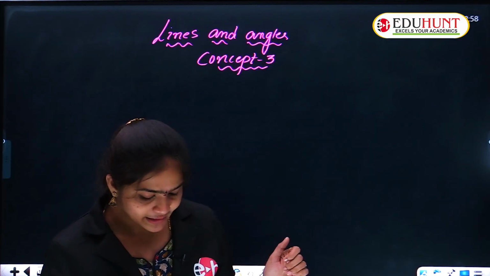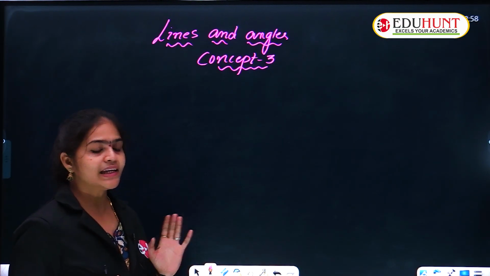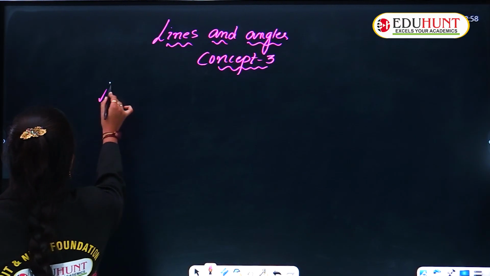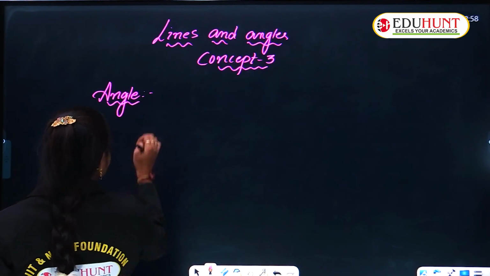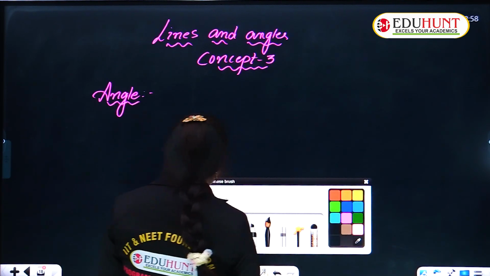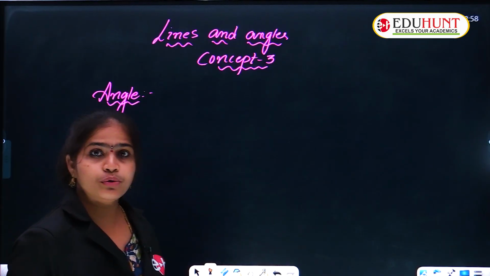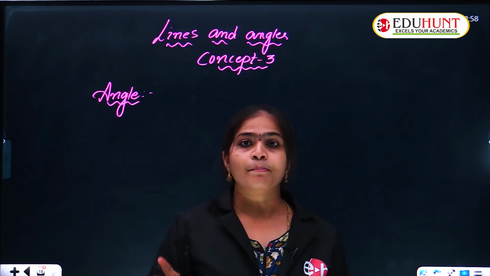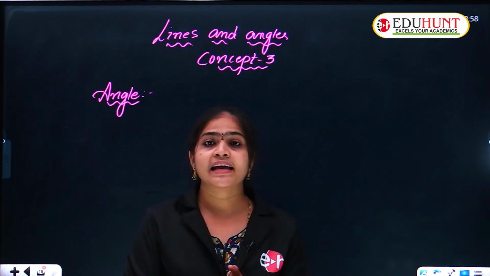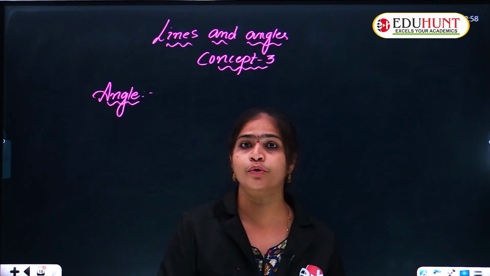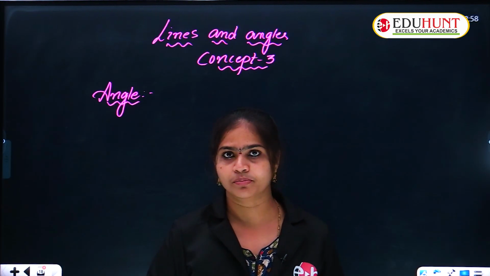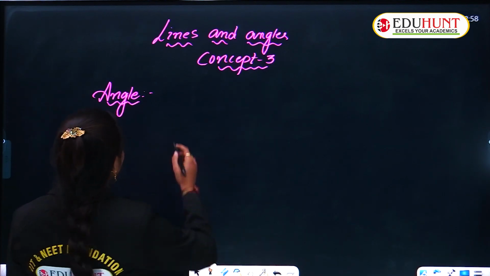Now in this video we will discuss the angle. We know about a ray. By joining two rays at a common point, the region formed is an angle.